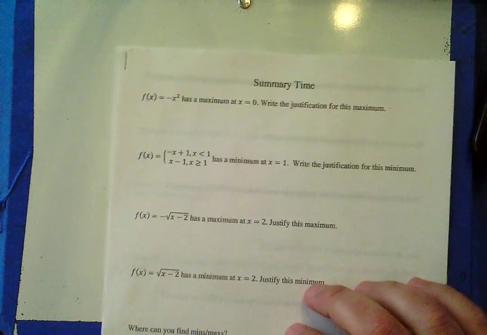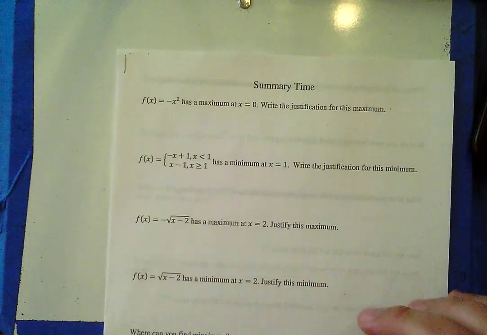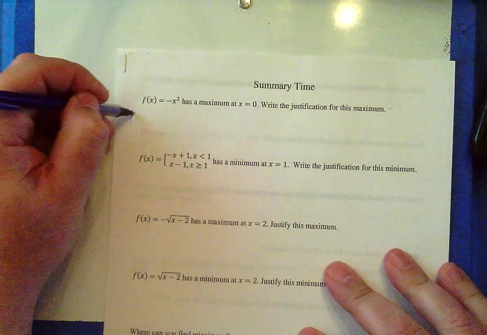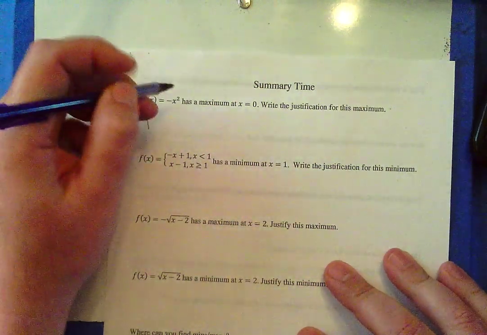f of x equals negative x squared has a maximum at x equals 0. So think about that graph. It sure does.